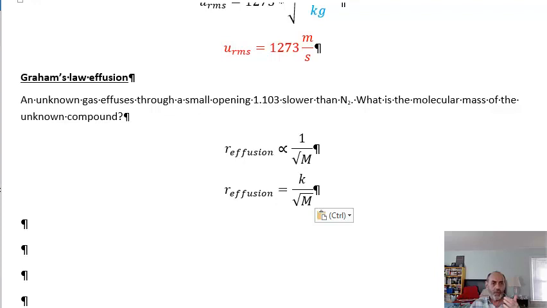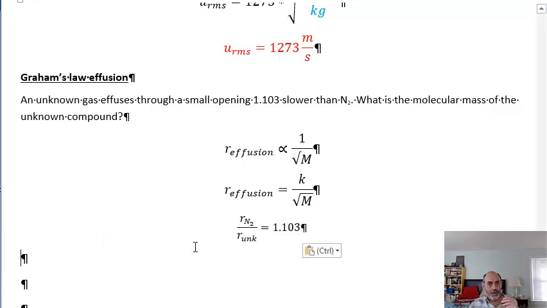But we start by recognizing that what this problem is telling us when it says that the unknown gas is moving slower than nitrogen through that hole is it's saying that the ratio of the rates is 1.103. That is, nitrogen's going 1.103 times faster than the effusion of the unknown gas.